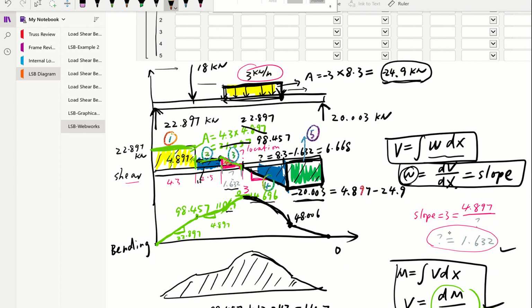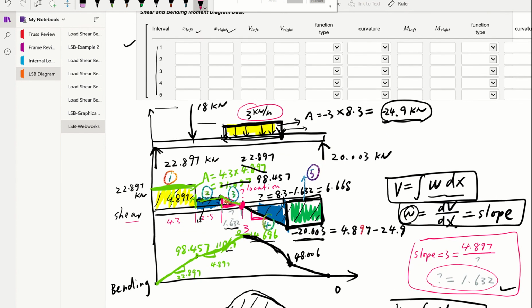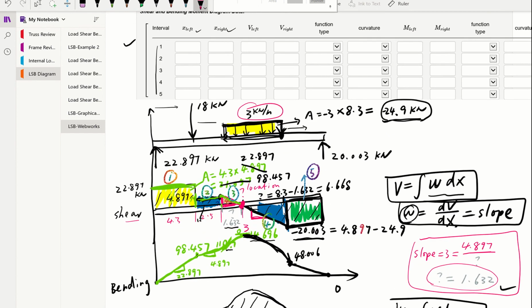That's why it's important for us earlier to go ahead and find this point, this intercept, right here, when you did that. Okay? So in that case, I will demonstrate, for example, for my first interval, x left to right, that my first one will be 0. That's my x equal to 0.